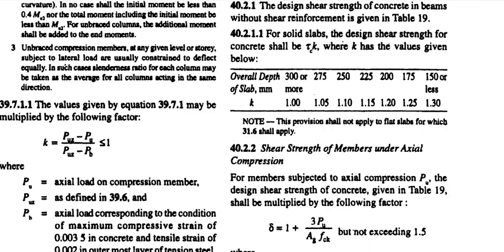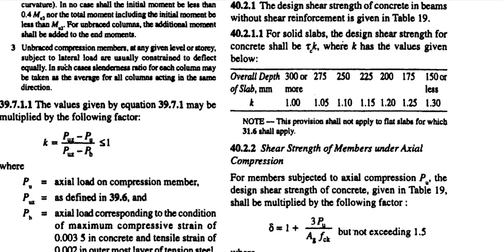Now look, clause number 40.2.1.1 of IS 456:2000, for overall depth. For a solid slab, the design shear strength for concrete shall be tau C into K, where K has the values given. These are the depths: 300 or more, 275, 250, 225, 200, 175 and 150 or less.